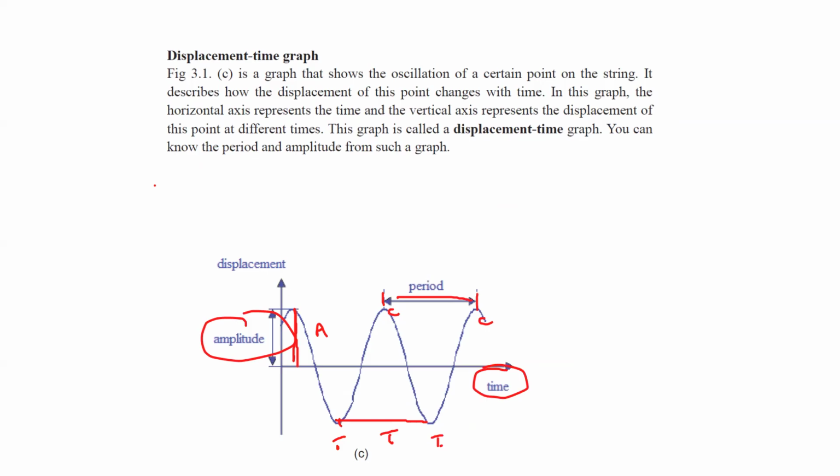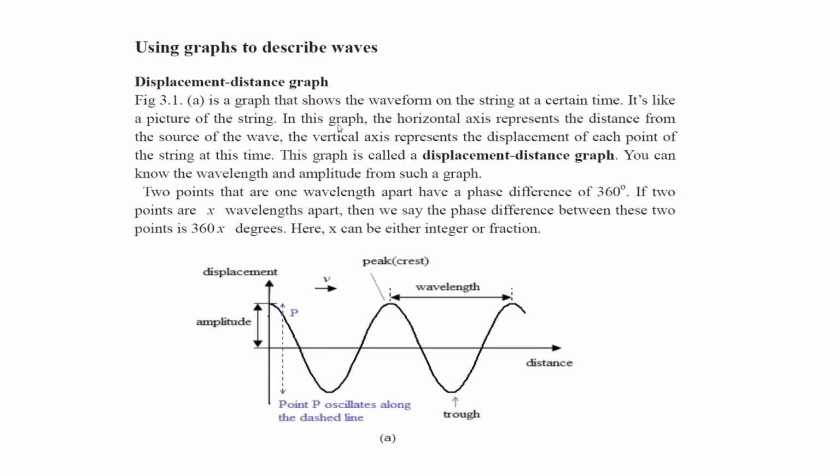But if we have a displacement and distance graph, the vertical axis is the amplitude, because that's the maximum displacement from the mean position. The x-axis, the distance between two successive crests or two successive troughs, is called the wavelength.